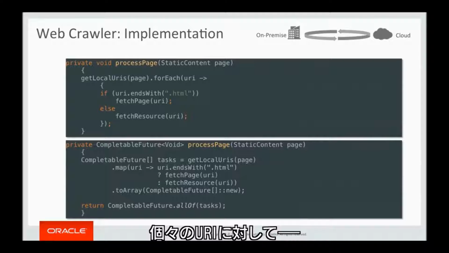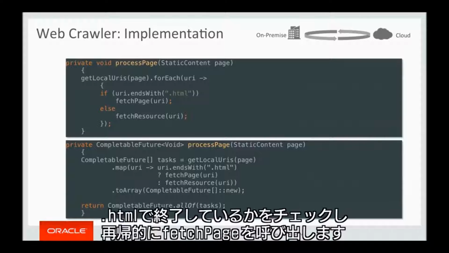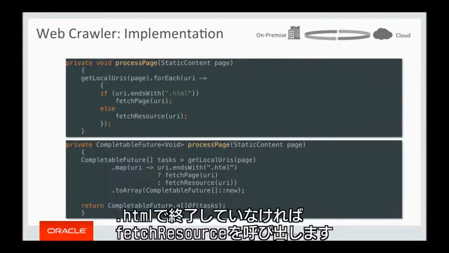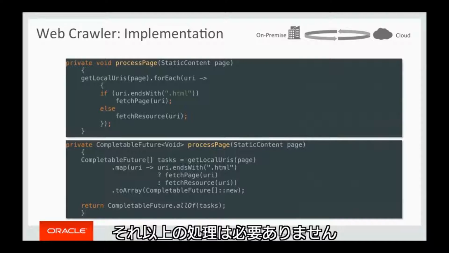And then for each of those, we basically check if it ends with HTML. We call fetch page recursively and process it just like the original page. Otherwise, we call fetch resource to simply get the resource and load it into the cache. We know that there is no additional processing that needs to be done to it.